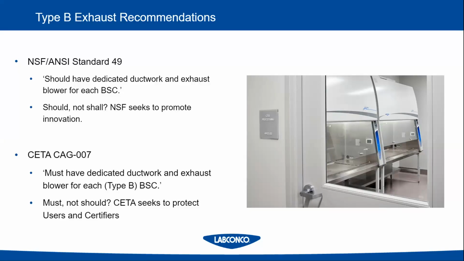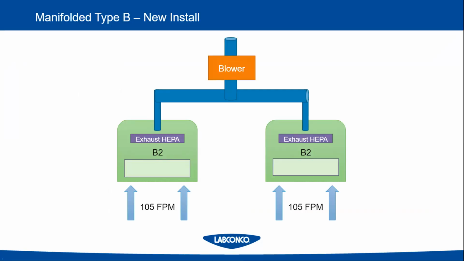CETA, the Controlled Environment Testing Association, which is a group of manufacturers and certifiers of biosafety cabinets, says each type B must have its own dedicated blower. And I'll show you why we really recommend that a type B must have its own dedicated blower.